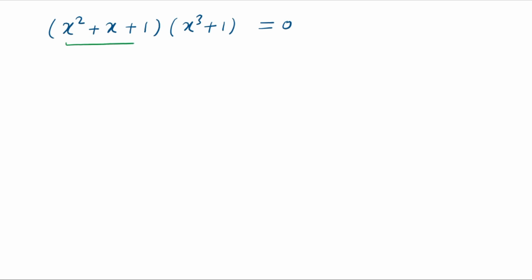Suppose this expression is a and this expression is b, and we know that if a times b is equals to 0, this implies a is equals to 0 or b is equals to 0.